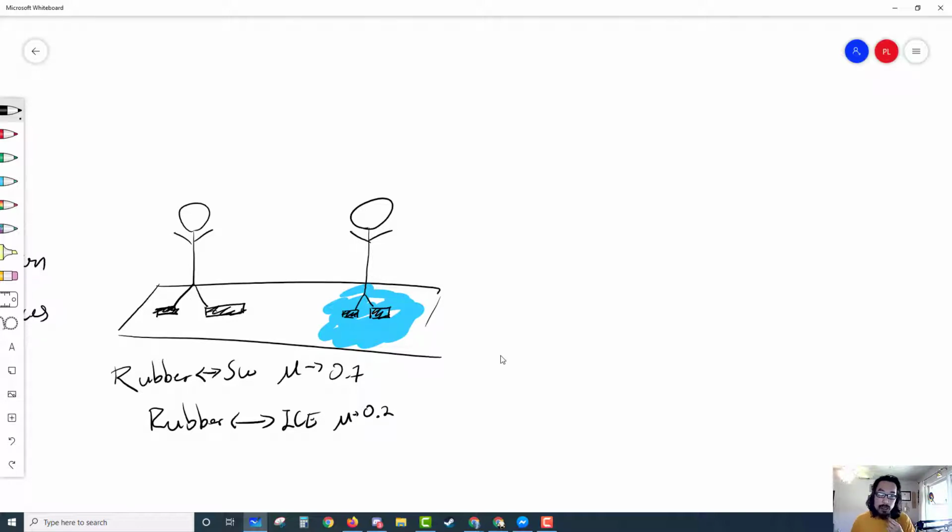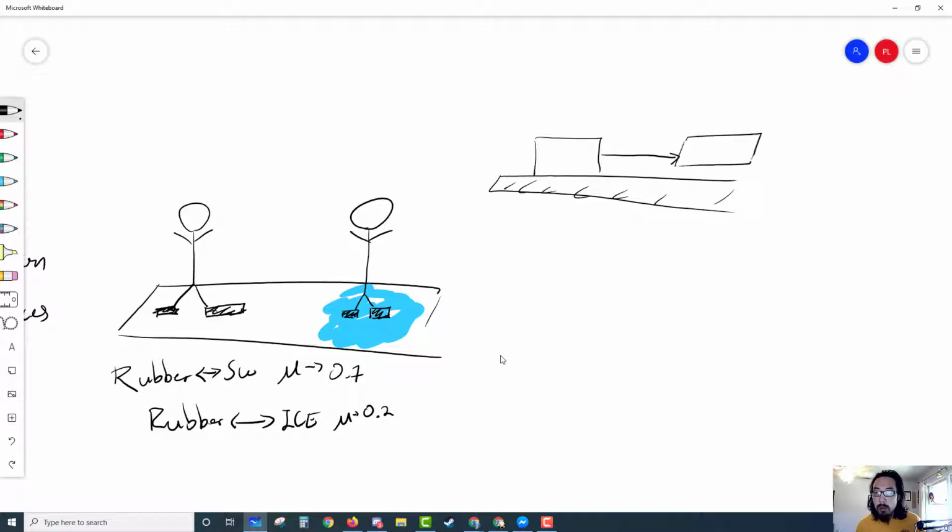Now, in order to really determine mu, there is a lab that scientists do, and we will do a simulation of this lab in class. You would get an object, and you would drag that object across a surface. Here's my surface, and we would attach a rope or a string to this object, and attached to that string, we would have a force meter or a force probe.